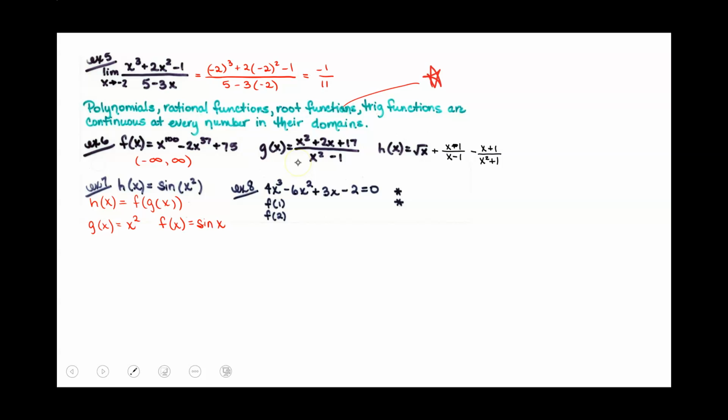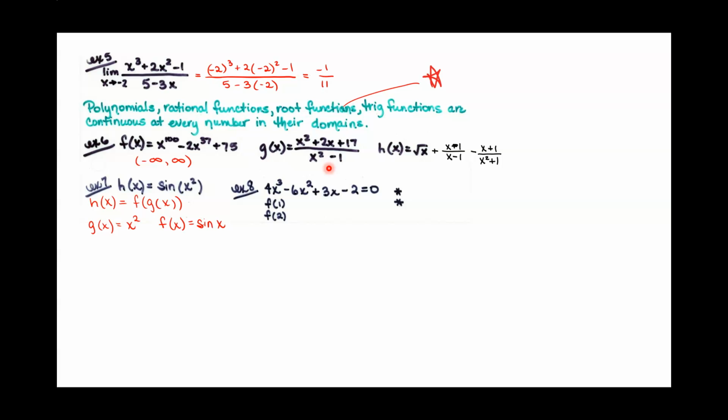All right, look at the next one. For the next one, we've got a rational function. Remember, we said rational functions are also continuous in their domain. So what we need to exclude from the domain is just where the denominator is equal to 0. So if you set x squared minus 1 equal to 0, you'll get +1 and -1.